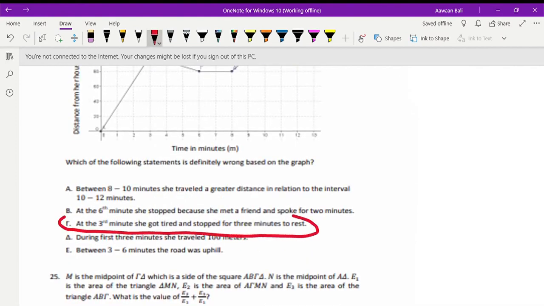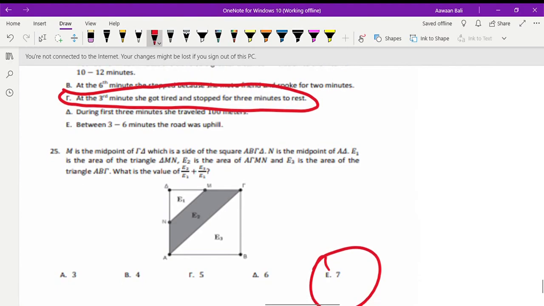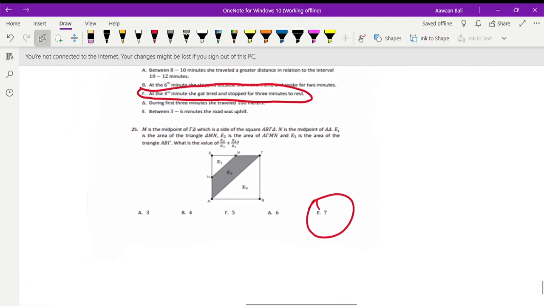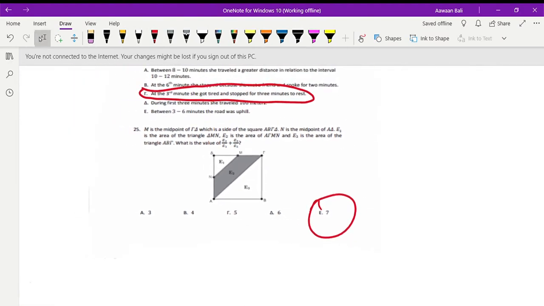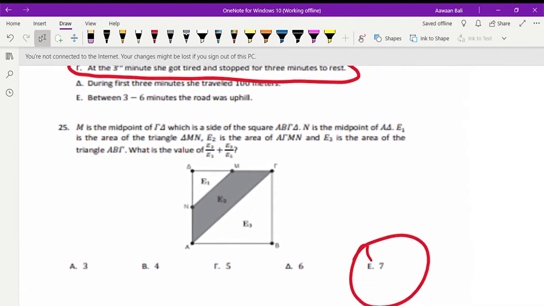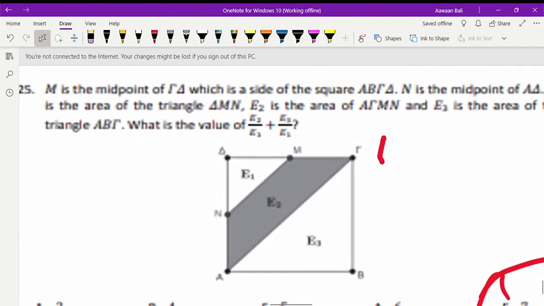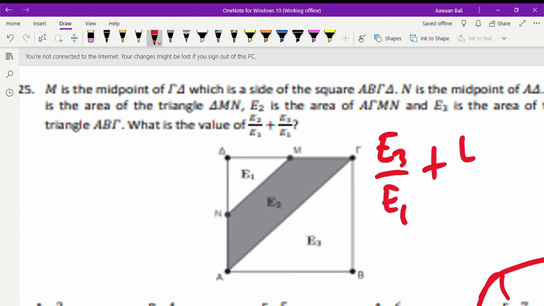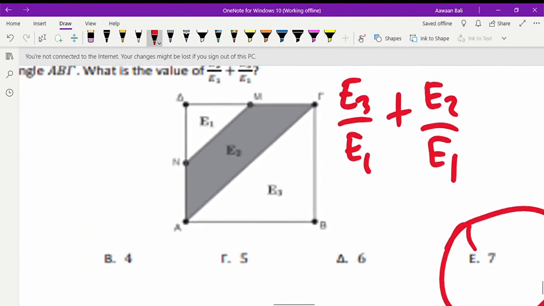At the 3rd minute, she got tired and stopped for 3 minutes to rest. Now, question number 25. M is at the midpoint of gamma delta, which is the side of the square alpha beta gamma delta. N is the midpoint of alpha delta. So basically, it's asking the value of this. Let's say the side of it is 8.